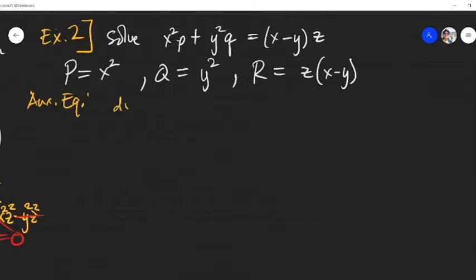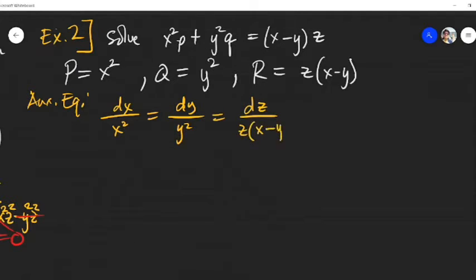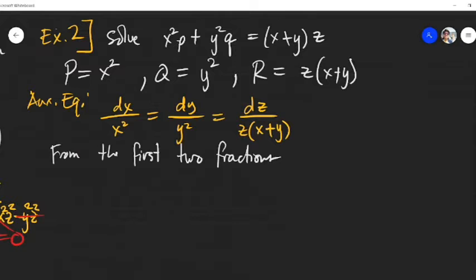So we have dx over x squared is equal to dy over y squared is equal to dz over z times x minus y. Okay, so this is our auxiliary equation. So we can use the grouping method. From the first two fractions, we have dx over x squared is equal to dy over y squared.